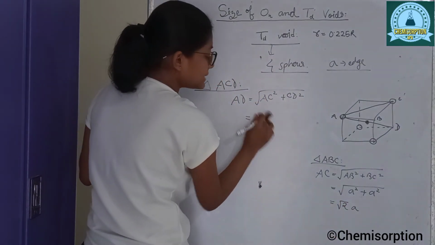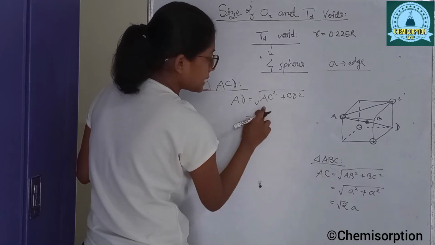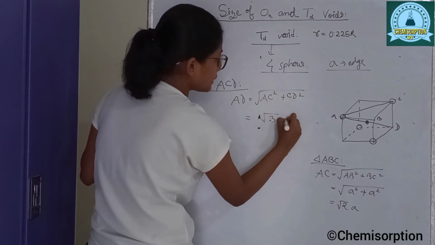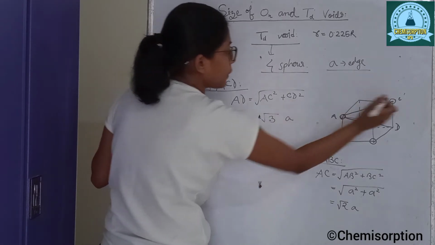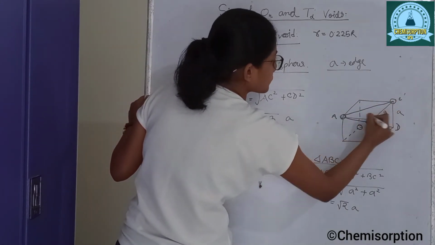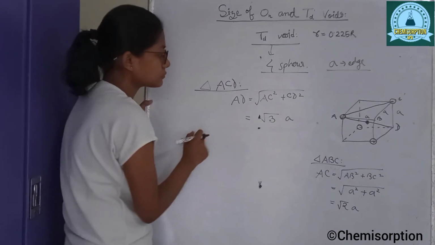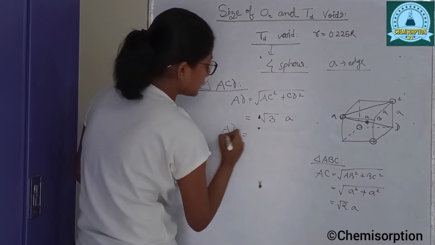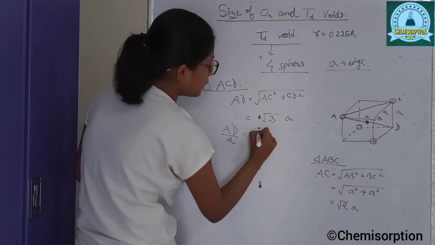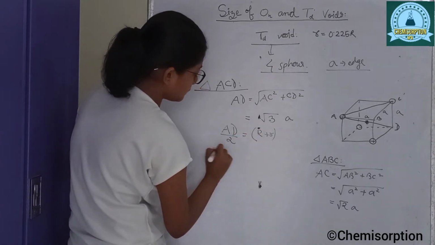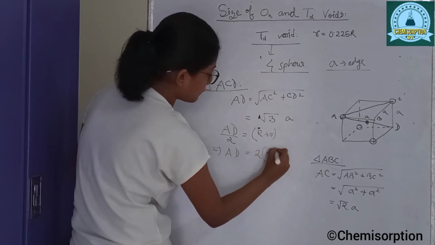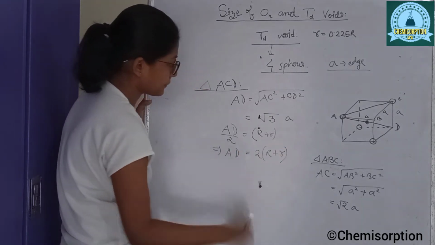So now placing the value of AC in this equation, we will get root 3A, since CD is also equal to A. And AD we already found out that half of AD is equal to R plus r. It implies AD is equal to twice R plus r.